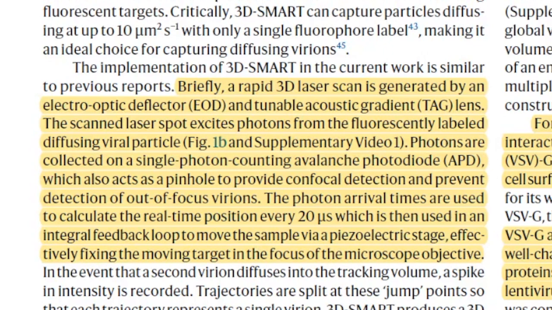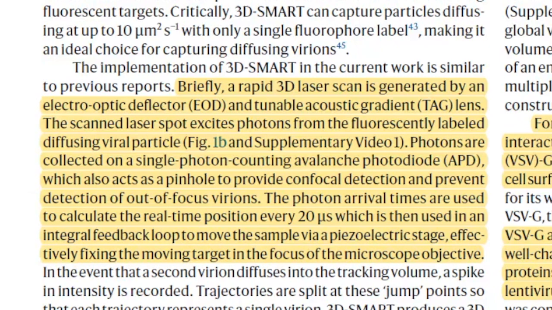The scan laser spot excites photons from the fluorescently labeled diffusing viral particle, and photons are collected on a single photon counting avalanche photodiode, which also acts as a pinhole to provide confocal detection and prevent detection of out-of-focus virions.